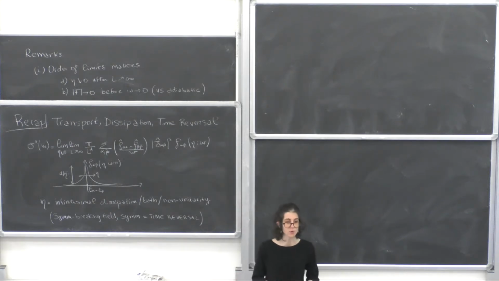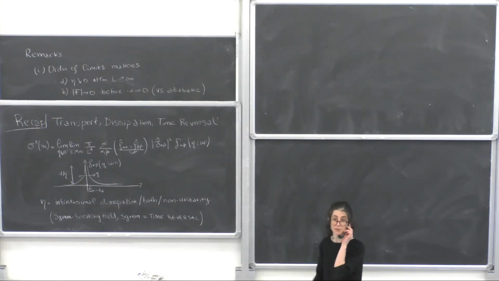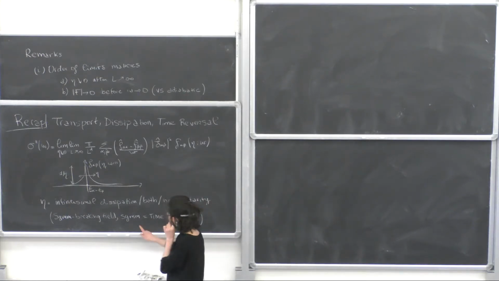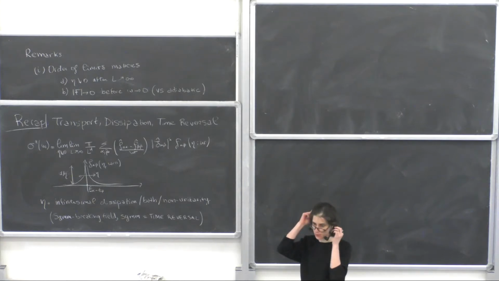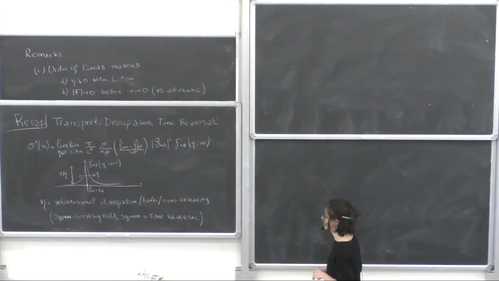And the question is whether the system is able to self-sustain transport and dissipation even after we have sent this infinitesimal coupling to zero. Therefore, we can interpret this eta in the same way as we interpret a symmetry breaking field, for example, in an Ising-like transition.